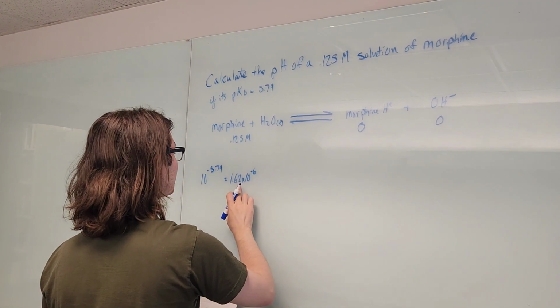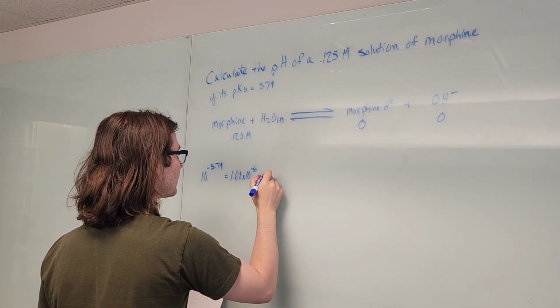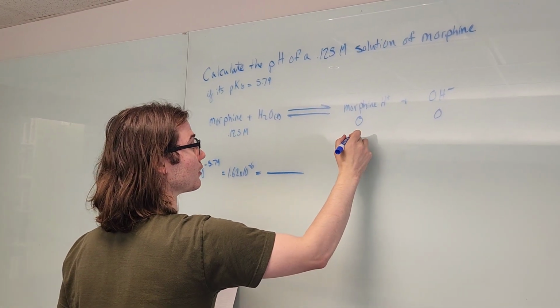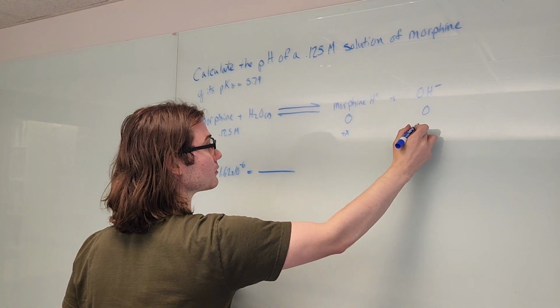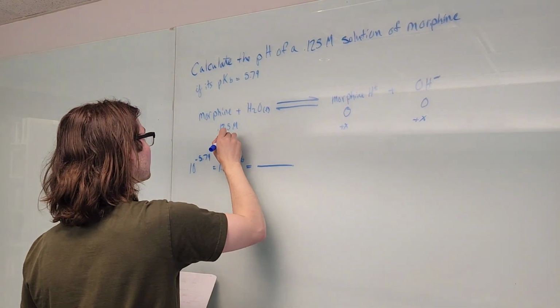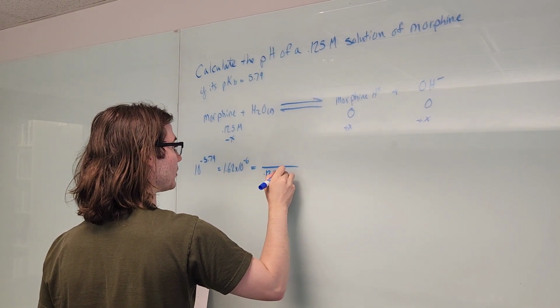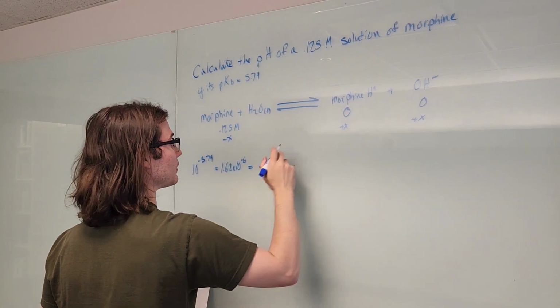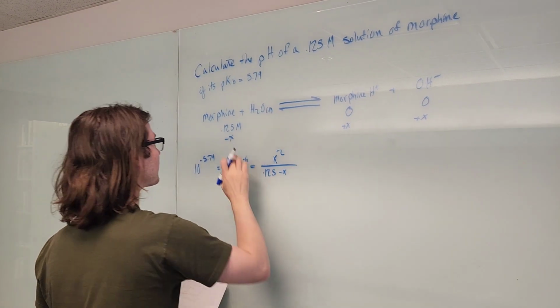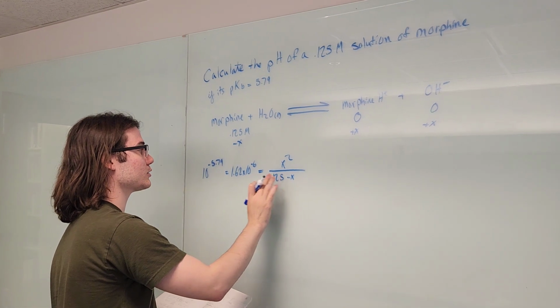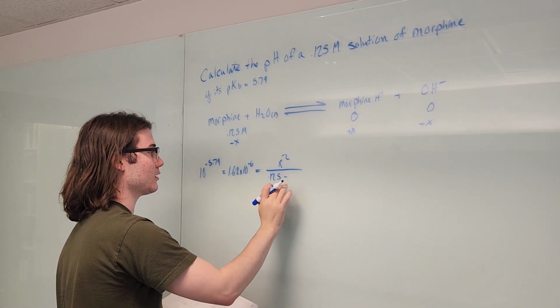So we can take this equilibrium value and we can set up our little equilibrium equation. So we have two x values that we need to figure out. So we've got 0.125 minus x and then x squared on top. But because this value is so big and this value is so small, we can assume that this is 0.